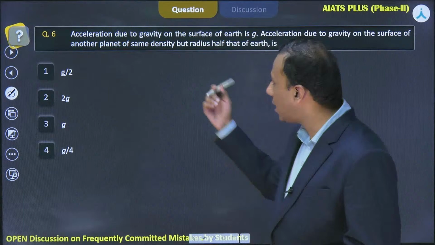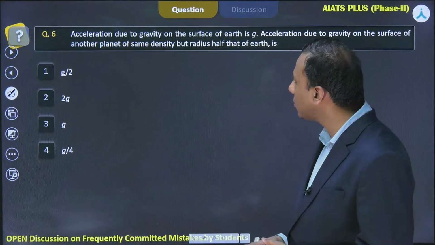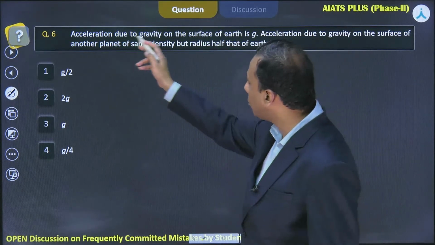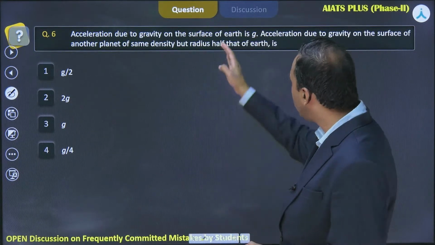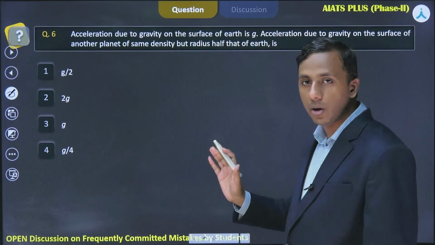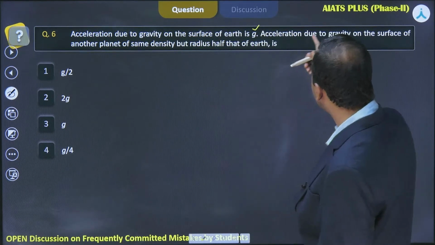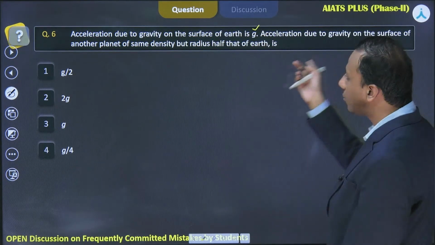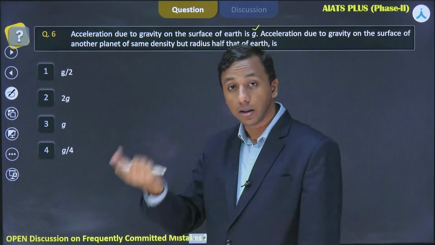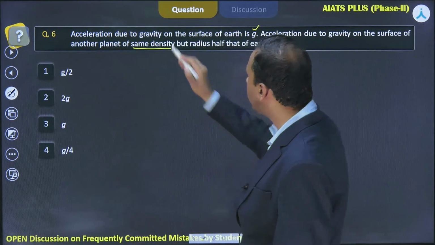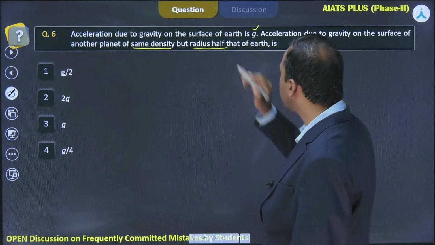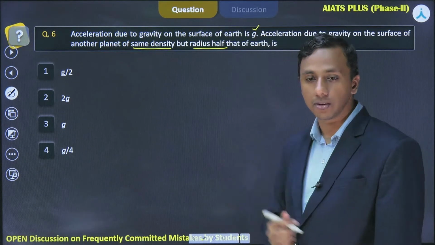And if you see the same question, almost pretty much the same, see, acceleration due to gravity on the surface of Earth is g. Okay, so this is given. Then acceleration due to gravity on the surface of another planet of same density but radius half of that of Earth.